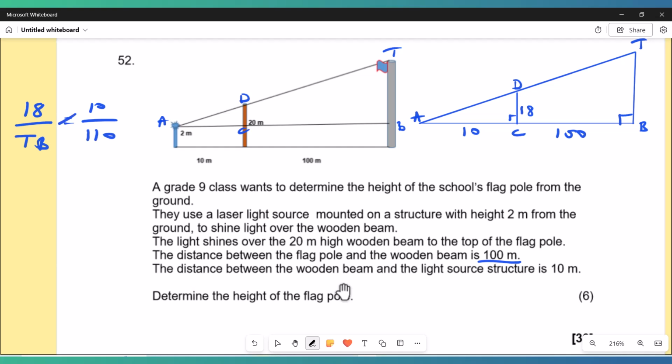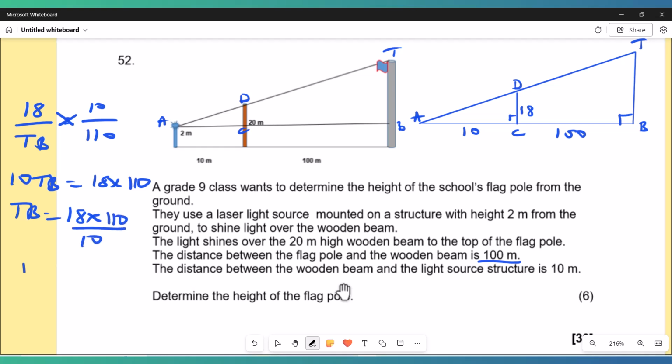Now I'm going to cross multiply here. So 10 TB equals 18 times 110. I'm doing this because the triangles are similar. So to get my TB, I'm going to say 18 times 110 divided by 10.